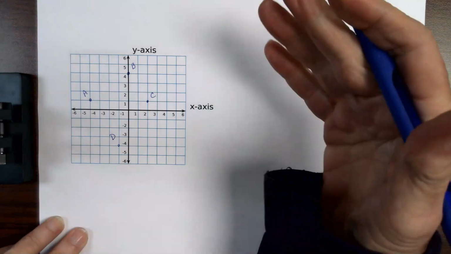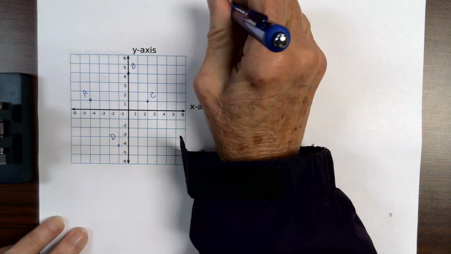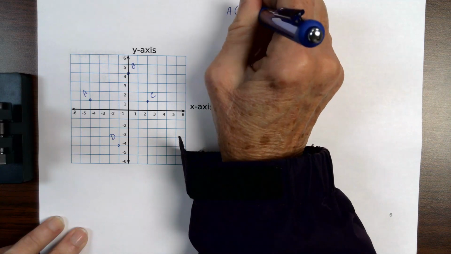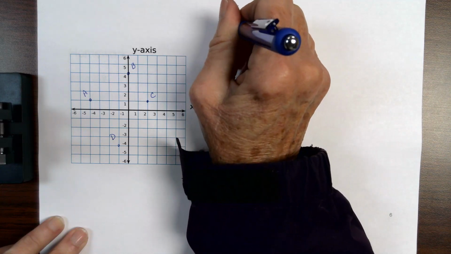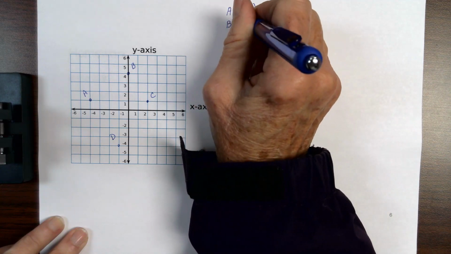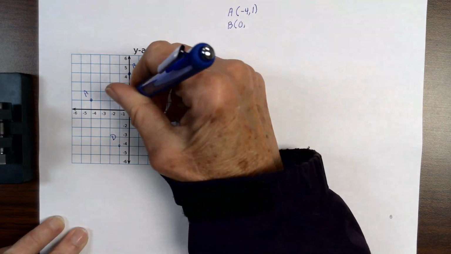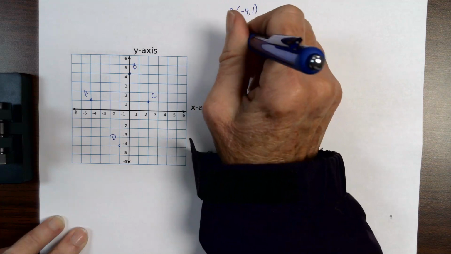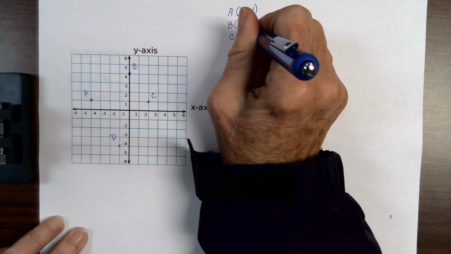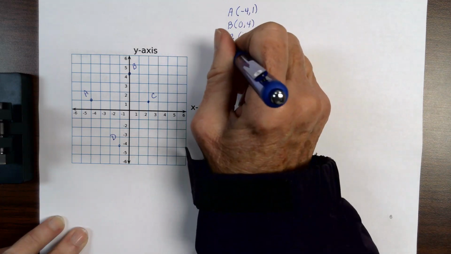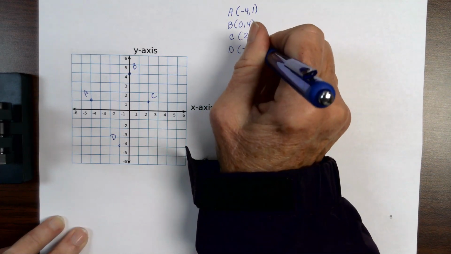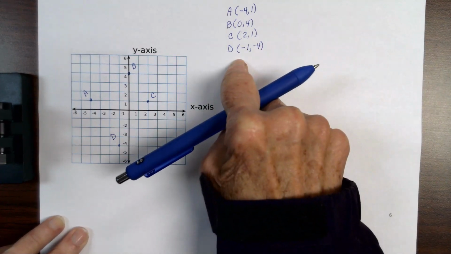So I've got to be able to do it the other three ways. So ordered pairs, A is going to be -4, 1. B is going to be 0, 4. C is going to be 2, 1. And D is going to be -1, -4. So there's ordered pairs.